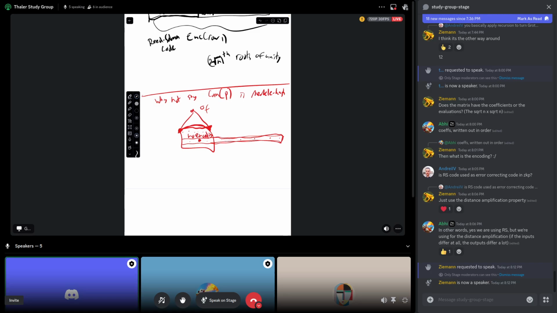I'd say the difference here is that applying the error correcting code is a non-interactive procedure. The prover itself just says encode, writes down all of the needed evaluations, and then succinctly commits to them. Whereas in polynomial IOPs, there's interaction.